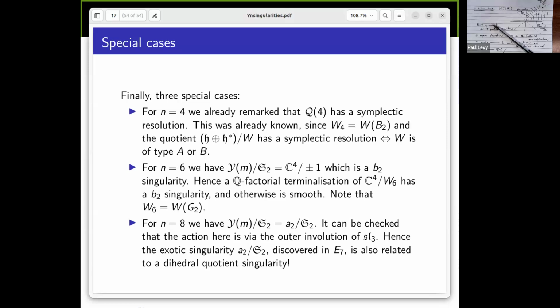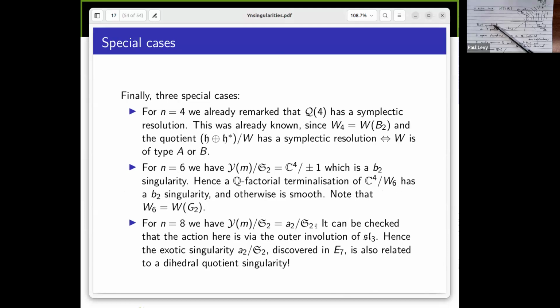So we're starting off with C4 over a dihedral group of order 12, and Q-factorial terminalization has an isolated, a unique point, which is a B2 singularity. So it doesn't have a symplectic resolution, but this is about as close as you can get to having a symplectic resolution. And then for n equal to 8, we get our old friend A2 over S2.